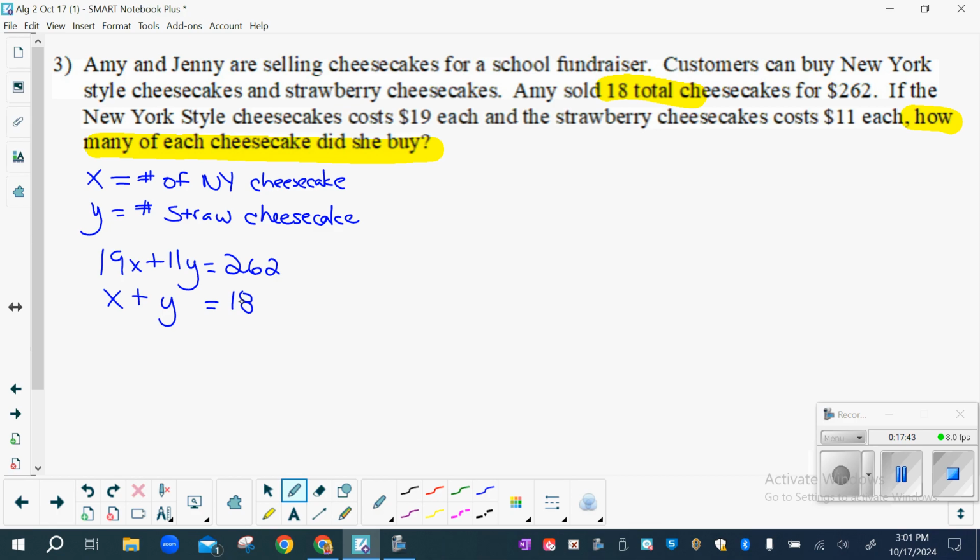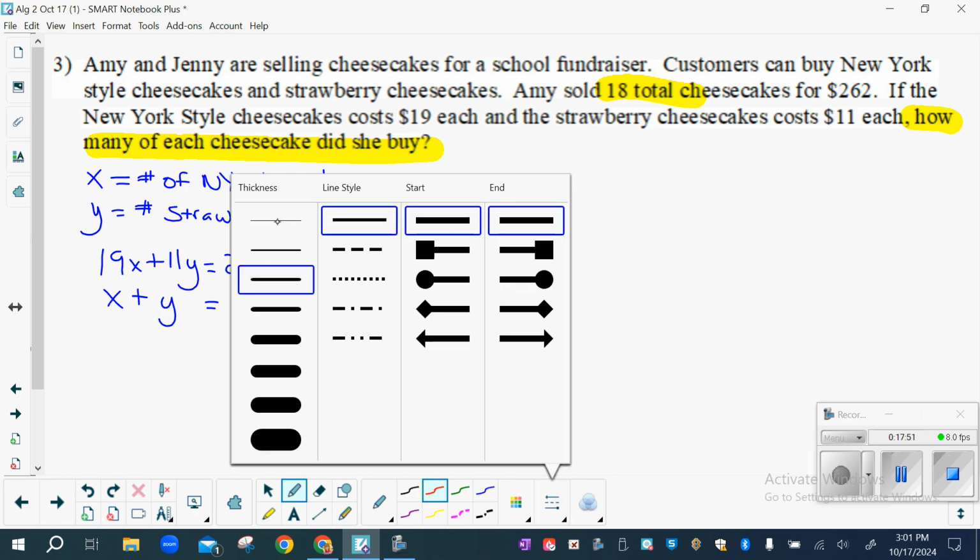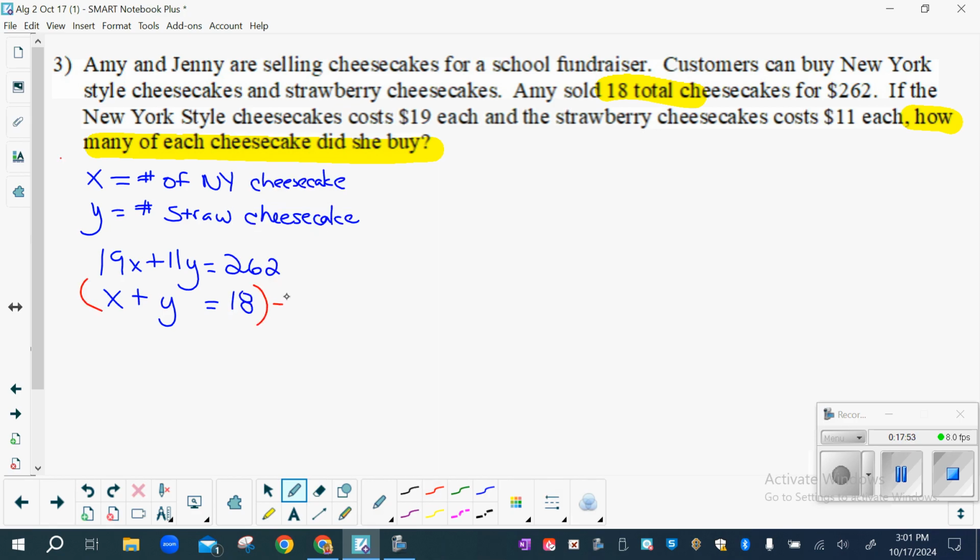So what's a possible way we could solve this? Let's multiply the bottom equation by 11. Okay, by positive 11 or negative 11? Almost done. Just hold on. So we got negative 11x minus 11y equals negative 198.